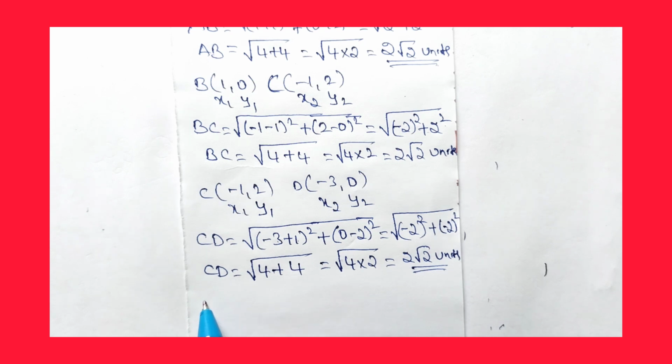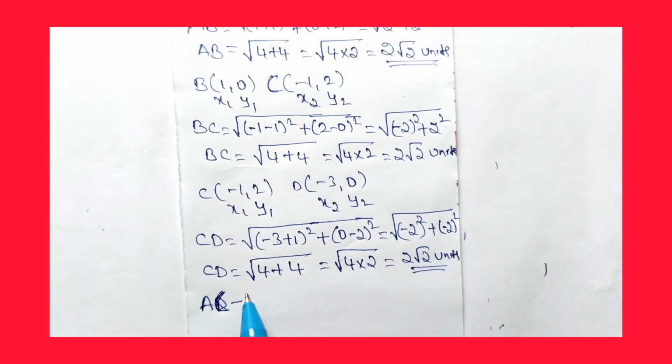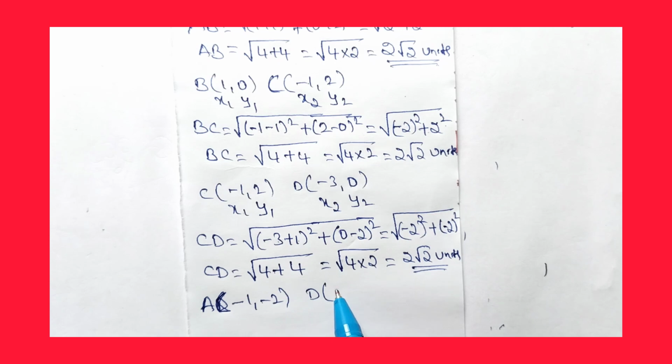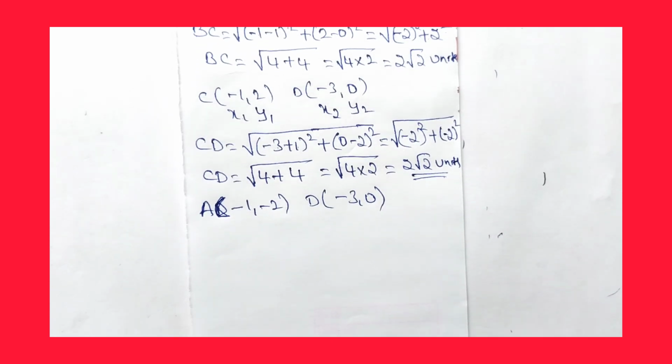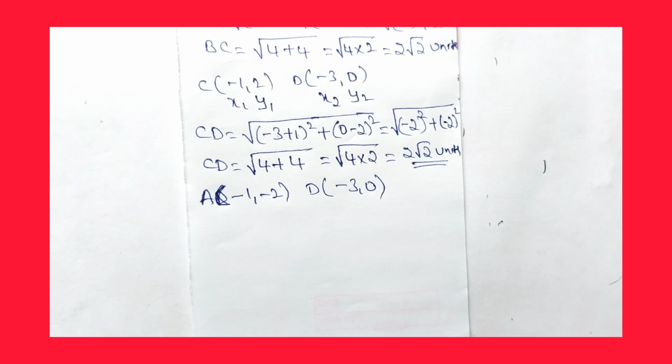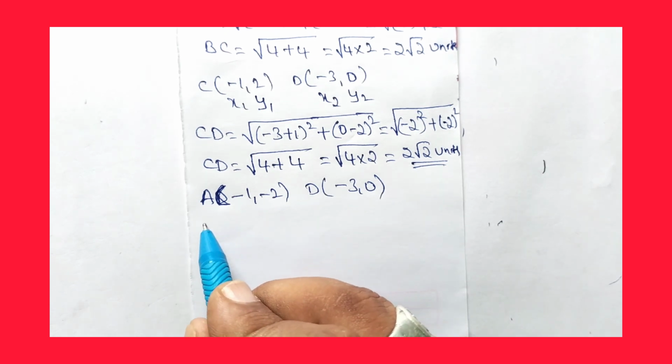Then after CD, find out AD. What are the coordinates of A? A is minus 1 comma minus 2 and D is minus 3 comma 0. So let us find AD.